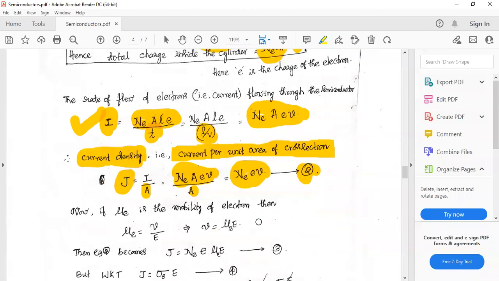Now I will introduce one more new concept, known as mobility of electron. Mobility is nothing but drift velocity per unit electric field. In a semiconducting material or any conducting material, while defining the speed of the charge carrier, for example the speed of the electron, instead of its drift velocity, it is useful to define its mobility.